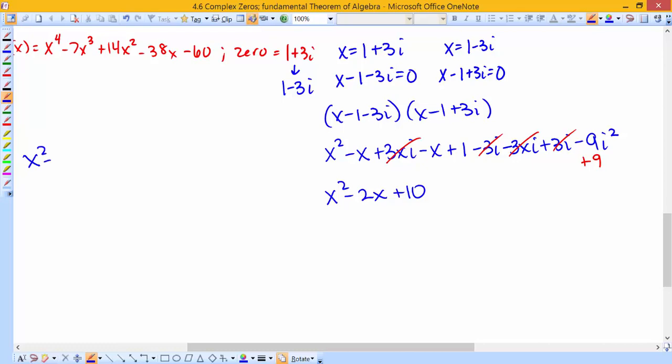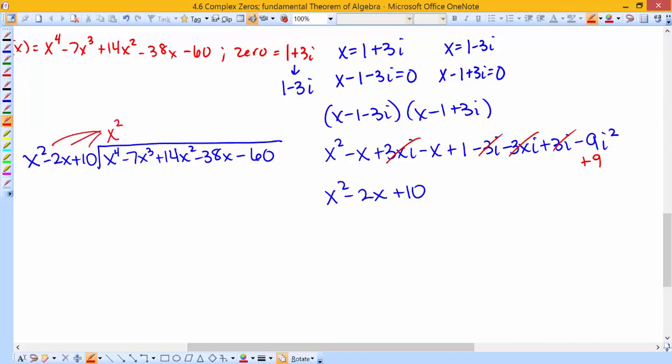So x squared minus 2x plus 10 divides into x to the fourth minus 7x cubed plus 14x squared minus 38x minus 60. So let's get this party started. So x squared times what is x to the fourth? X squared. So I distribute it through.